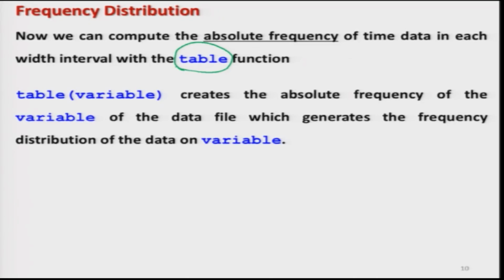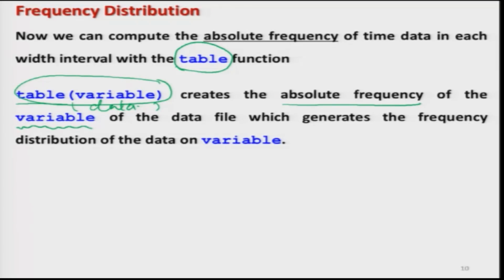So, the usage will be table, you have to type table all in small letters, and inside the arguments you have to write the data or the variable. So, here you write the data. Once you execute table of variable, it will create the absolute frequencies corresponding to the data contained under the variable name.